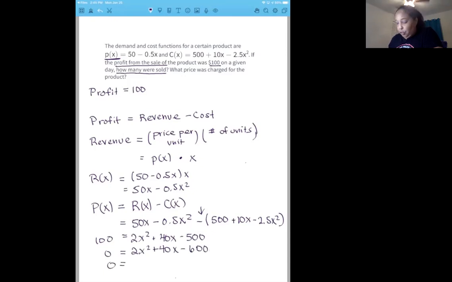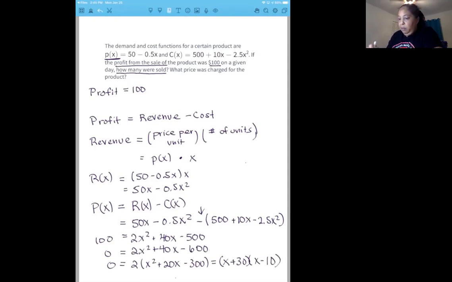I'm going to factor out a 2 first. X squared plus 20x minus 300. Now I need two numbers that multiply to give me negative 300 and add to give me a positive 20. So I have an x plus 30 and an x minus 10.